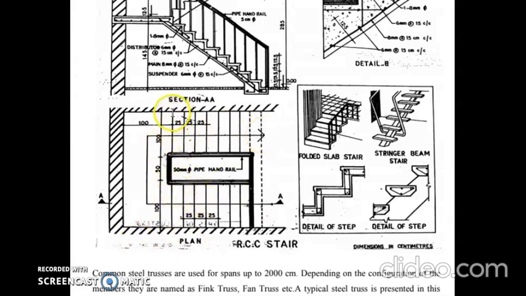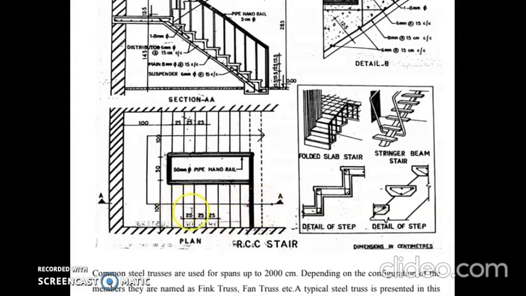So draw vertical lines specifying the landing first. Then draw the 25 centimeter width. Take 25 centimeter from this point to this and mark this line. Then again 25 and next 25, and we have 9 steps here. To this line we have 9 steps.